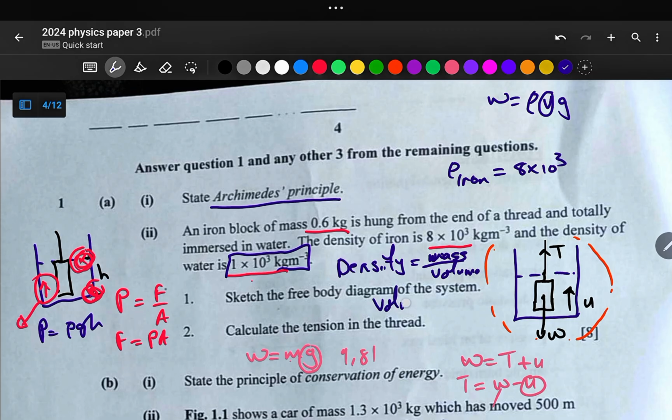Therefore volume is equal to mass over density. The density of the iron block is 8 times 10 to the power 3, and the mass of the iron block is 0.6. So the volume of the iron block is 0.6 for mass divided by 8 times 10 to the power 3 for density.